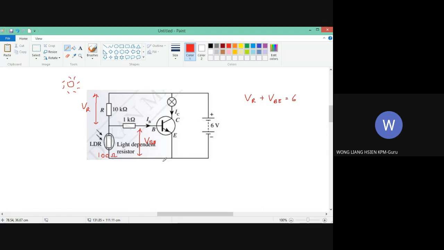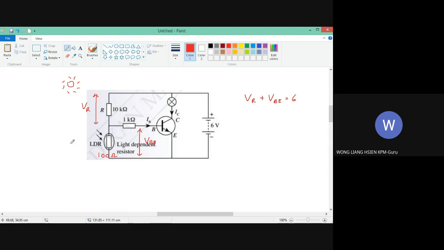The ratio between this voltage and the total voltage, 6 volt, is equal to the ratio between the resistance here and the total resistance.